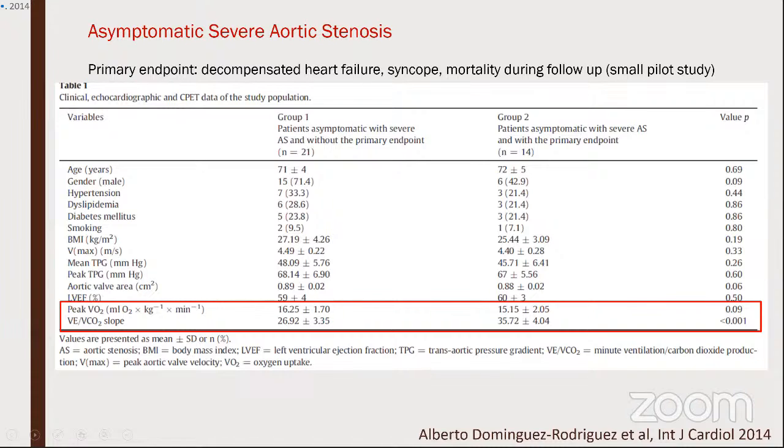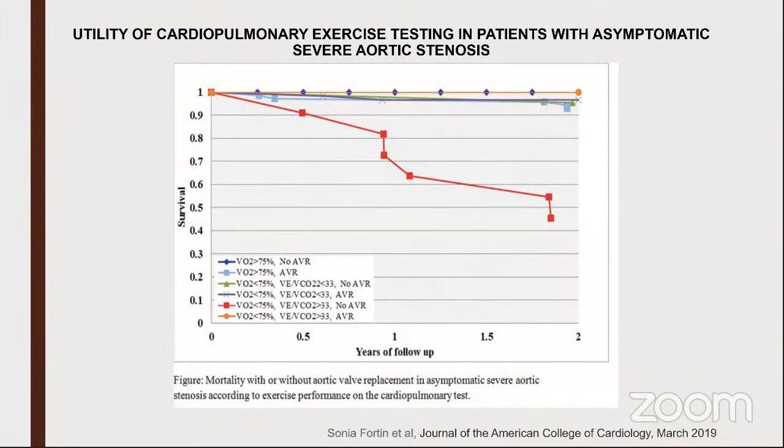This is another study, unfortunately from a Mayo Clinic group, last year, published only as a poster, so I hope it will be at some point a full paper. But they looked at patients again with asymptomatic severe aortic stenosis who underwent CPEX and looked at their mortality.